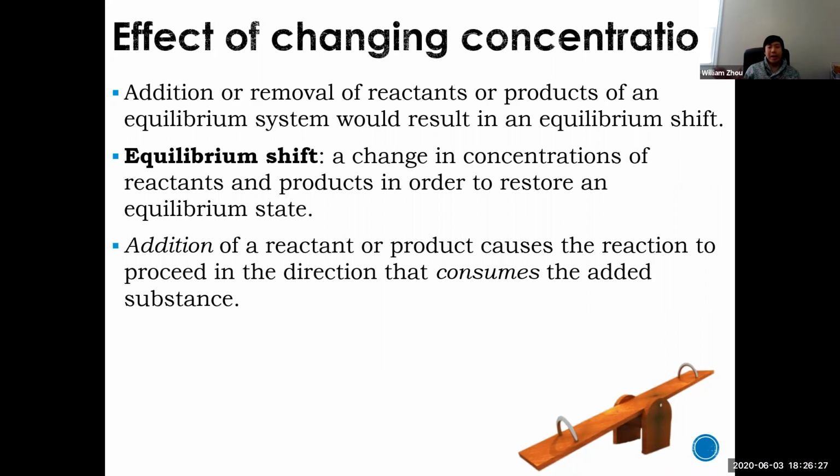You speed up that reaction to produce more products, thereby consuming that added reactant. Does that make sense? So overall you will consume it right after, and the addition will just go right back down. So you add a reactant, the system will shift in a way so that you will consume that reactant. It will undo what you just did.